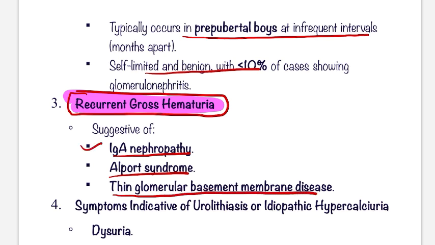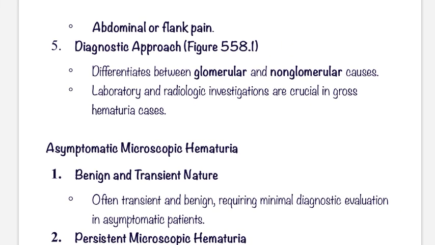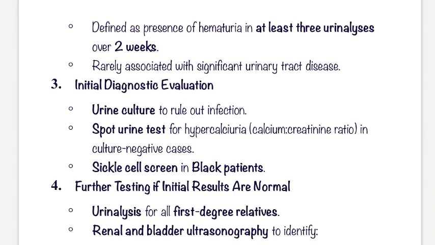So these three conditions, which are very much important, are associated with recurrent gross hematuria. Okay, again, asymptomatic microscopic hematuria, if someone is able to find it, often it is transient. If it is persistent, meaning at least 3 urinalyses over 2 weeks, it may be called persistent.